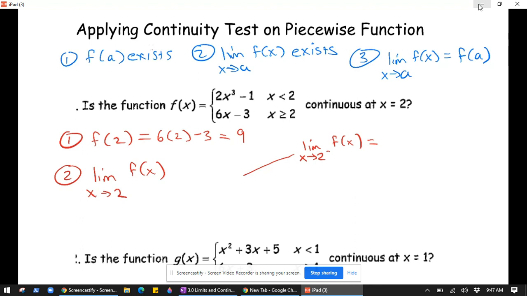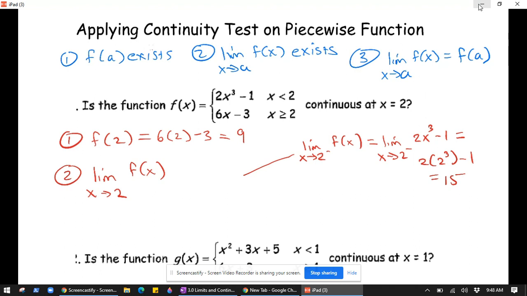So we can use substitution there because that's a polynomial. So 2 times 2 cubed minus 1. 2 cubed is 8. 8 times 2 is 16. 16 minus 1 is 15. So the left-hand side of the limit is 15.